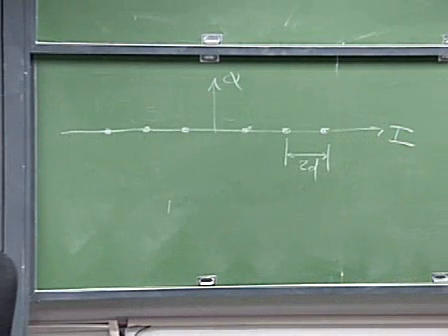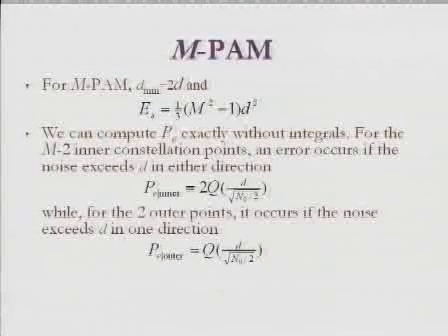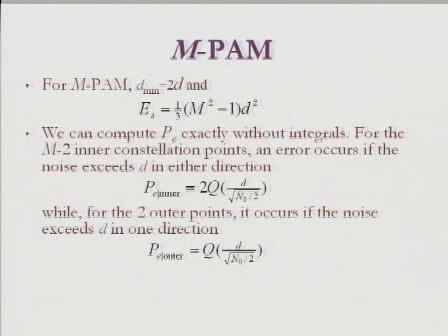That will happen with probability Q of d divided by the square root of N0 over 2. Now, because there are 2 neighbors, one on the right, one on the left, we have a factor of 2 in front. That's the probability of an error for the inner points.